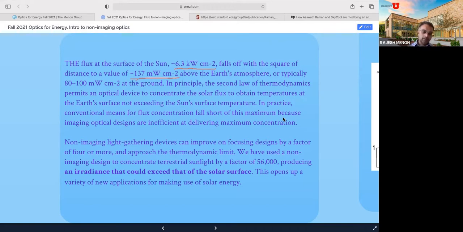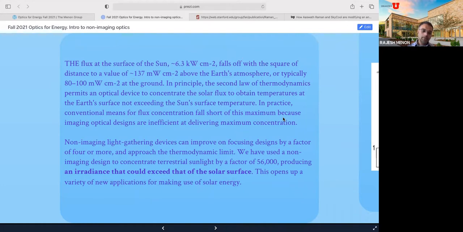And once it passes through the atmosphere, it goes to something like 80 to 100 milliwatts per centimeter squared. So again, we went from kilowatts to milliwatts. That's a 10 to the 6 here, 10 to the -3. That's a reduction of 10 to the 9. That's an incredible change in magnitude, just to keep in mind, because the sun is so far away. Obviously, it's a good thing because otherwise we won't survive.